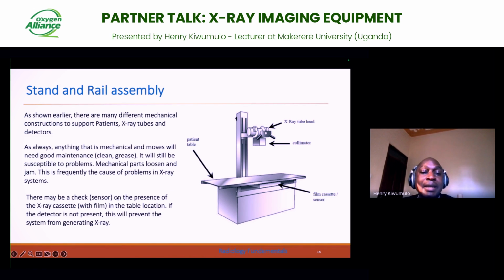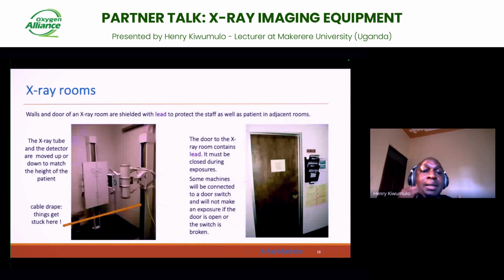However, sometimes there is what we call a sensor. These mechanical parts are also affected by sensors, which sometimes get defective, especially with the table movement. If the sensor gets disrupted, then it will also hamper the movement of such mechanical parts.